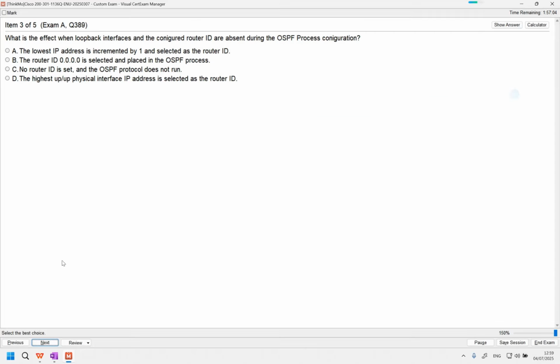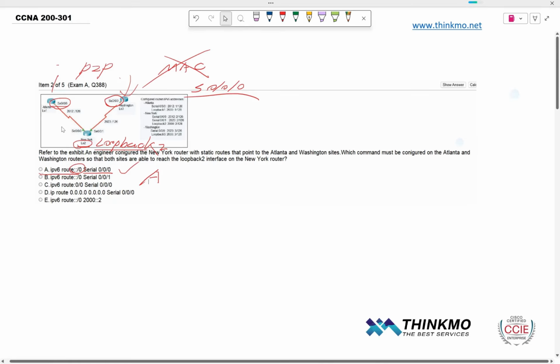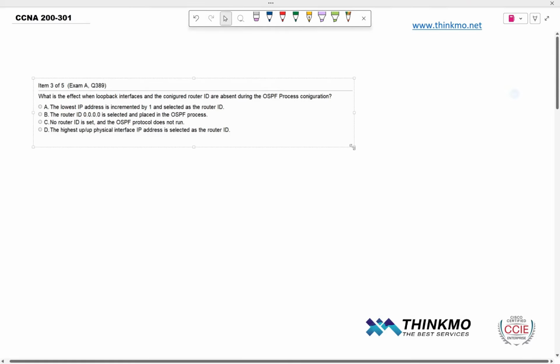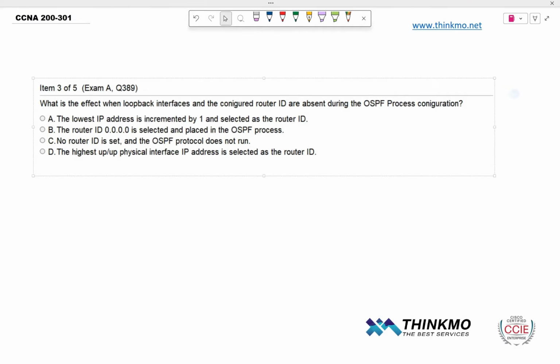Alright, this question is about the OSPF process. Question 3. What does the question mean? It's asking us about configuring the process. If there isn't a loopback interface, meaning when we're configuring there's no such interface, and we don't manually configure or set the router ID, what effect will that actually have?